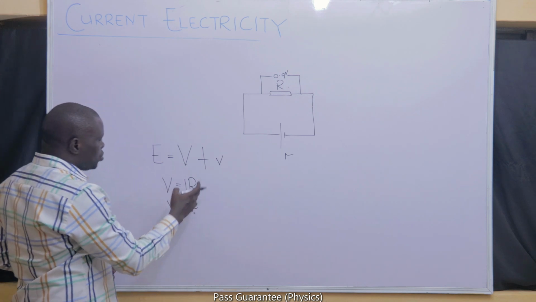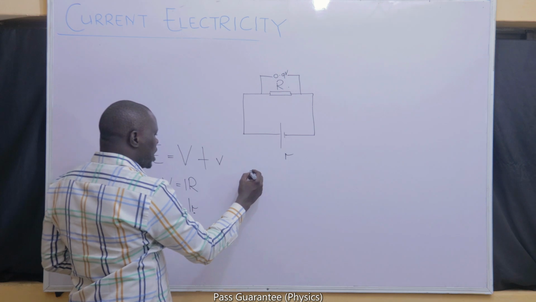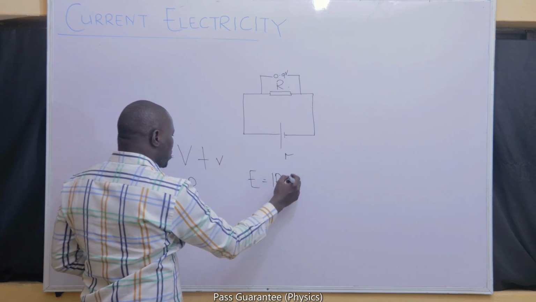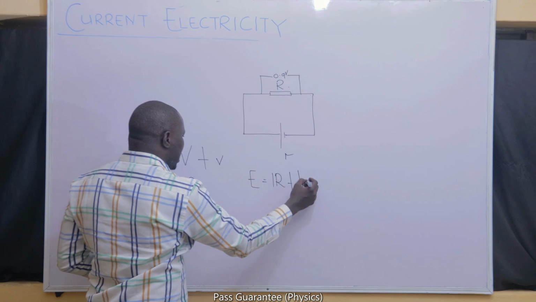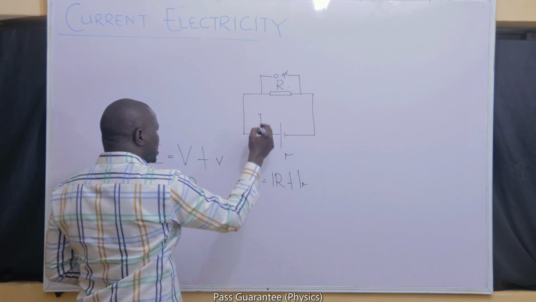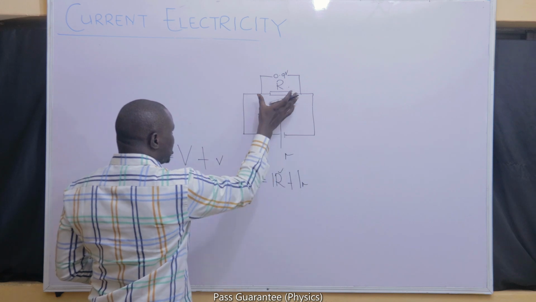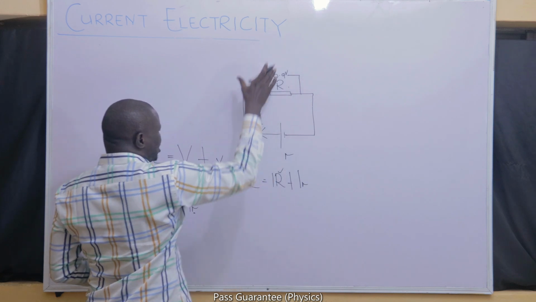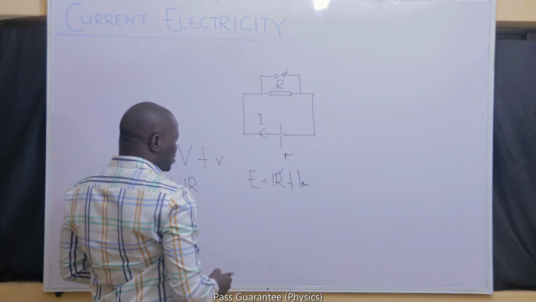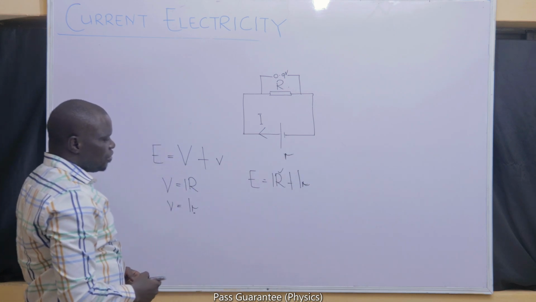So if I bring these two back into this expression, I will have E equals IR plus Ir. The I in this case represents the current that is available in the circuit. The big R represents the total external resistance, while the small r represents the total internal resistance of the circuit.